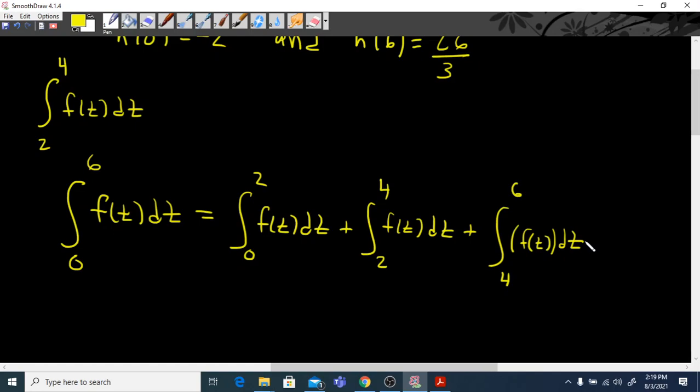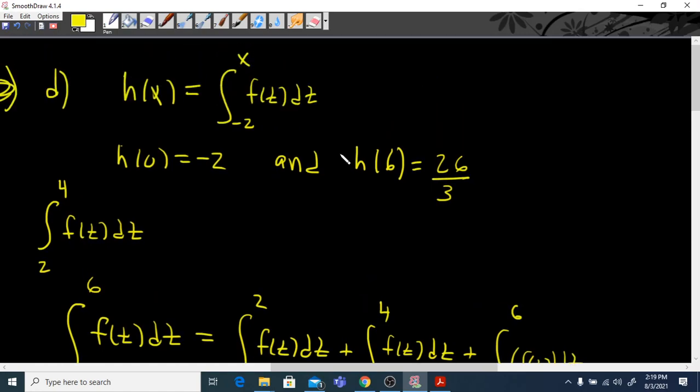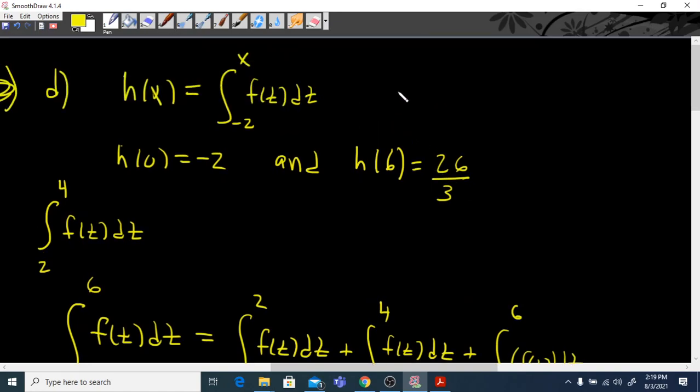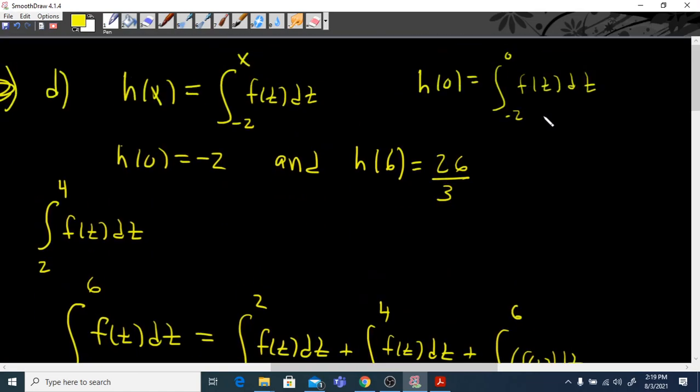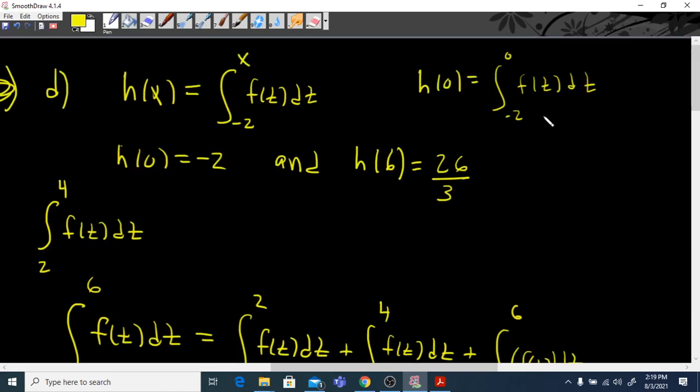Now in the problem it tells us some things. h at 0 is the integral from negative 2 to 0. Oh, okay, so we need to go from negative 2 to 6.